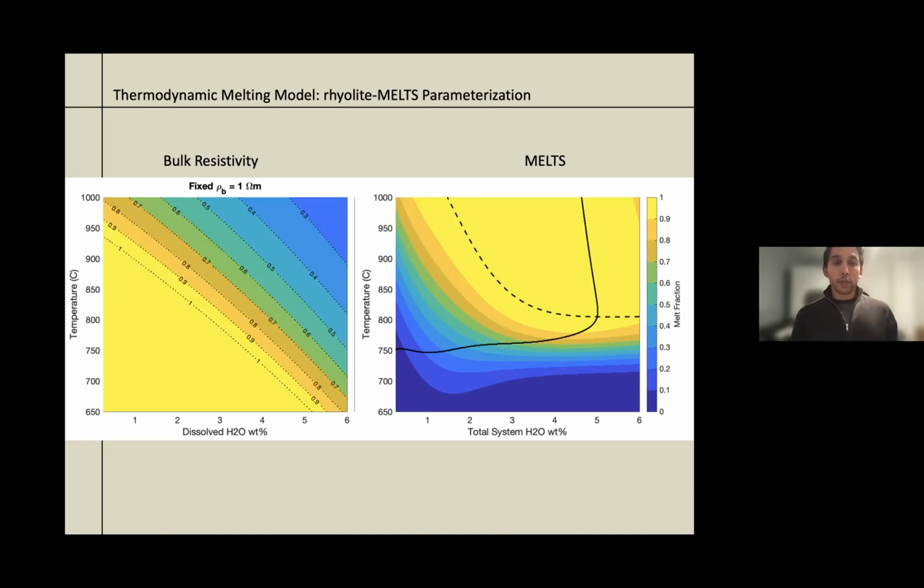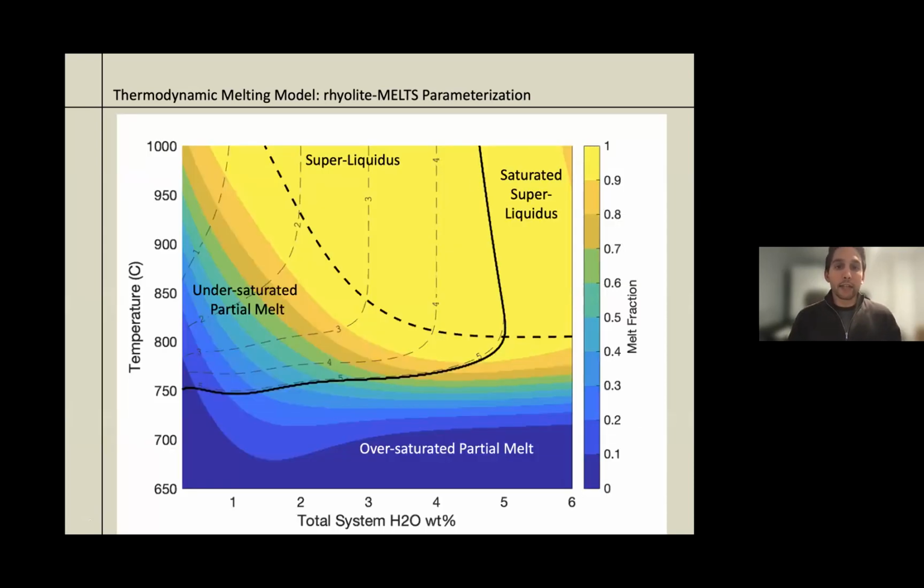So you're very, very close to having something almost identical. The only thing you need to add here is the dissolved water content to this melts plot, and that can also be computed from the Rhyolite Melts parameterization. So the dashed contours here are showing the amount of water that's dissolved in the melt. And so you can see that as you increase the total system water, you get more water into the melt, obviously, as you'd expect.